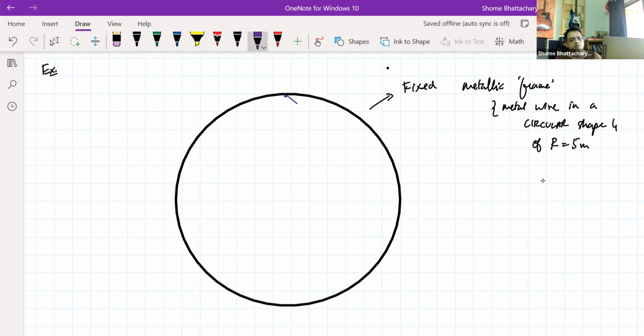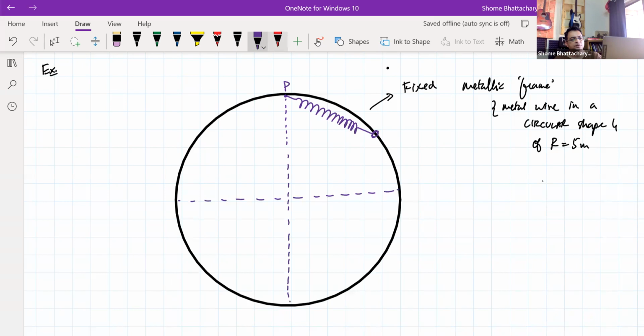Now attached to the top point of the ring is a spring, and the other end of the spring is attached to a ring. So this point is a fixed point, where the spring is attached at the top of that fixed metallic frame.